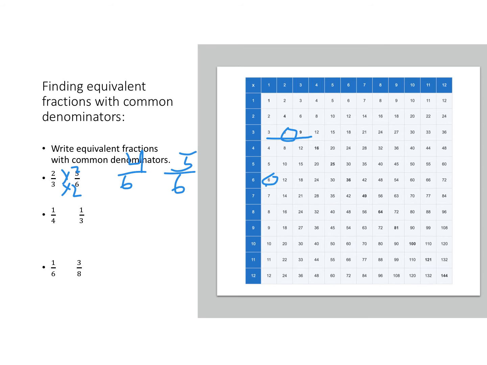Then we have 1/4 and 1/3. Let me erase what we had there. And let's look at the 4 and the 3. So on the 4 line, I got 4, 8, and 12. On the 3 line, I got 3, 6, 9, and 12. So I'm going to make them both into 12ths.